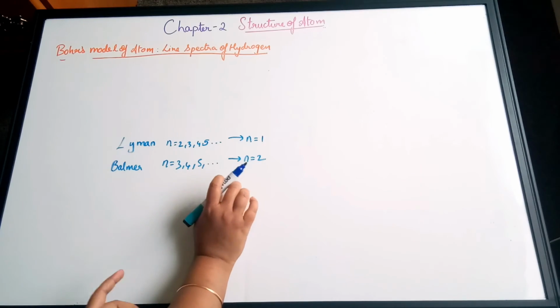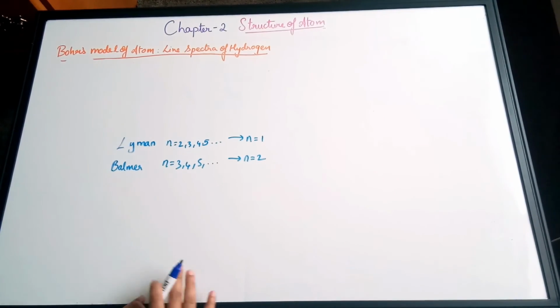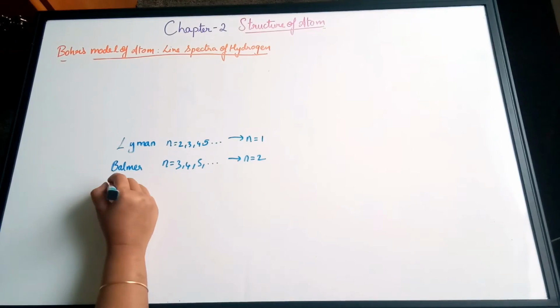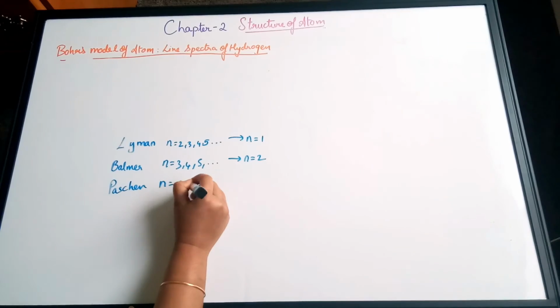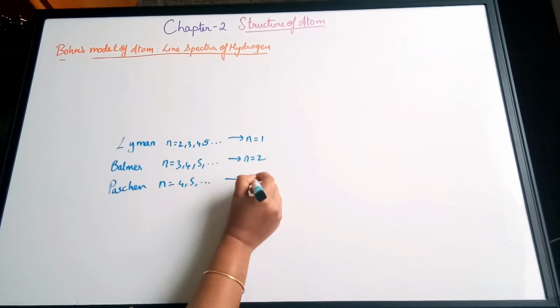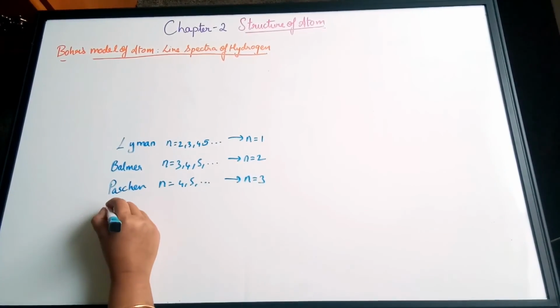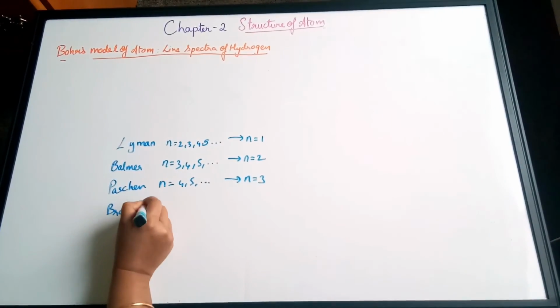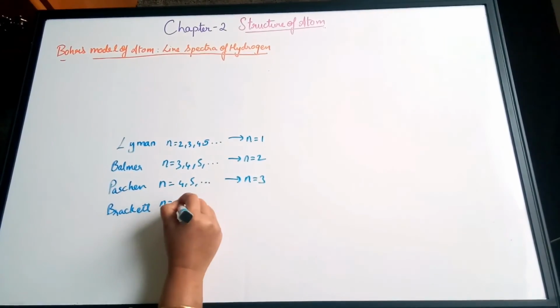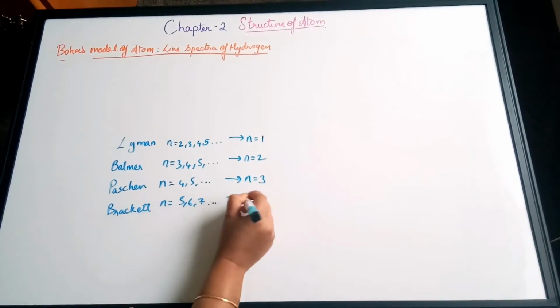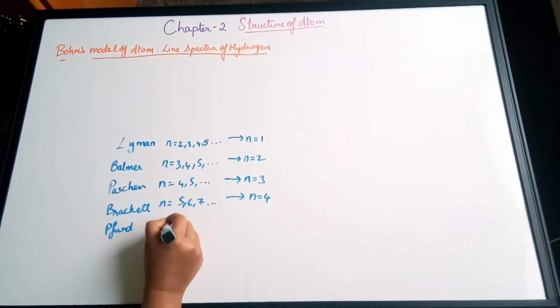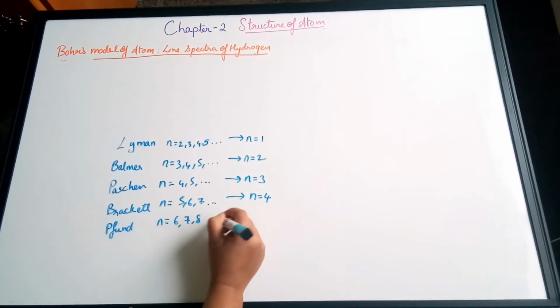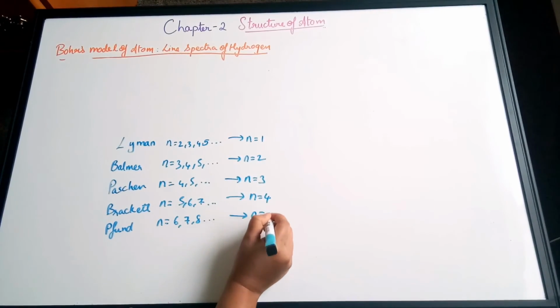In relation to this, Paschen series is n equals 4, 5 and so on to n equals 3, Brackett is n equals 5, 6 or 7 coming back to n equals 4, and Pfund is n equals 6, 7, 8 to n equals 5.